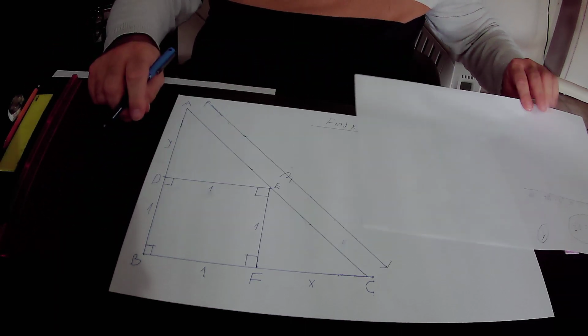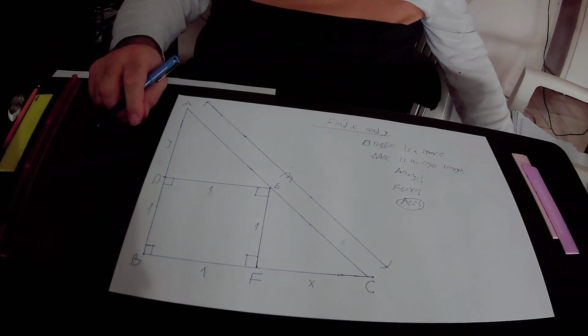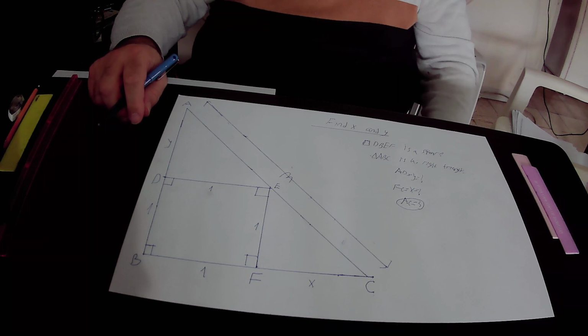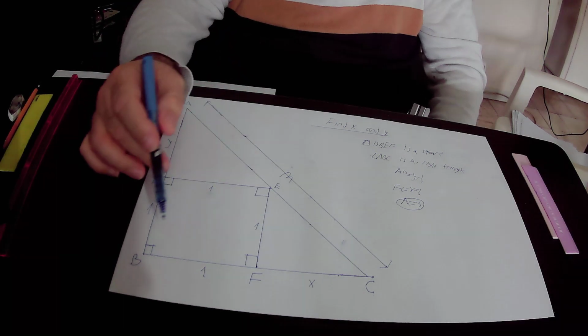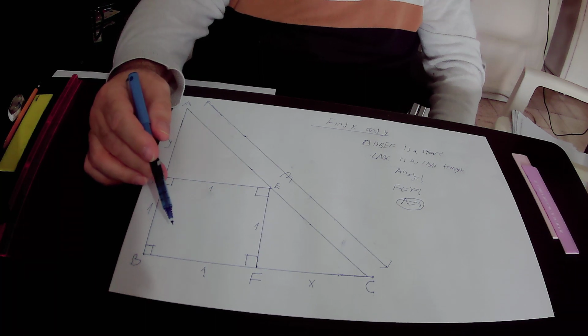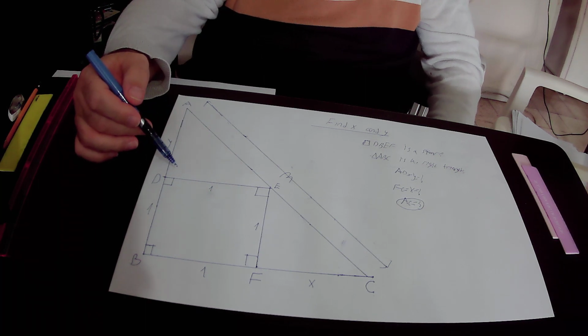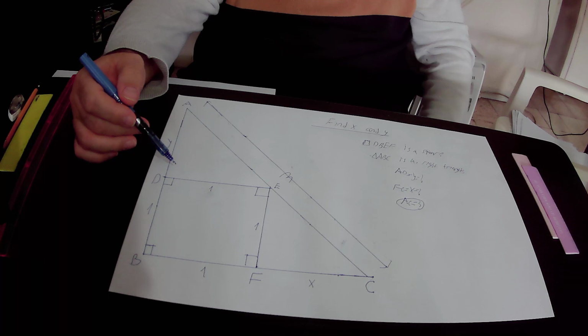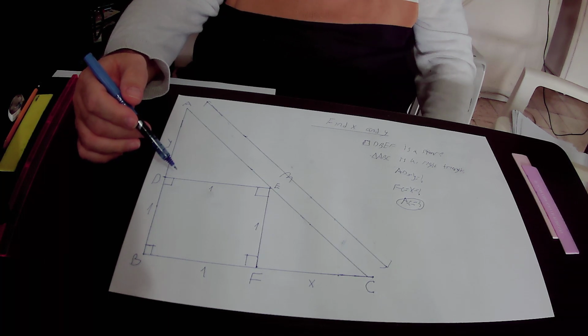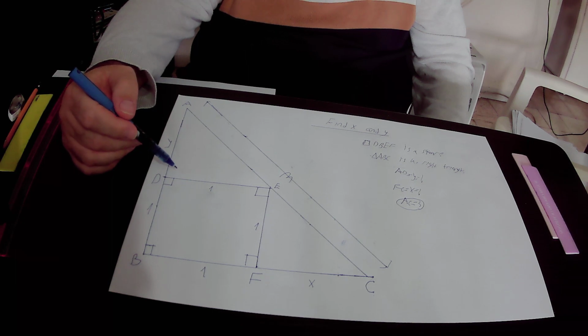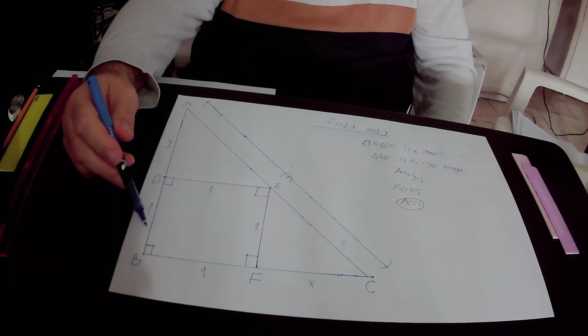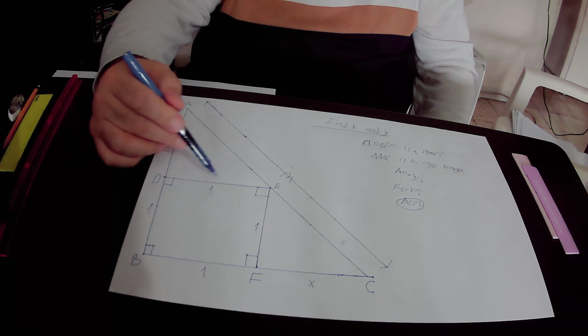And we know that BF is part of the straight line BC, and it is parallel to DE. And if part of a straight line is parallel to DE, then the straight line itself, BC, will also be parallel to DE.